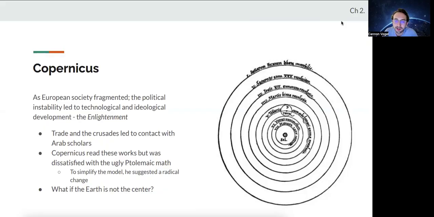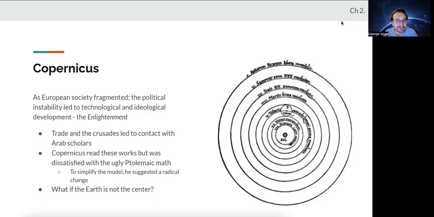And one of the first people to really make a new breakthrough as part of this was Copernicus. So Copernicus was working in the late 1400s, early 1500s, and for no other real reason than he just liked that it was much simpler, he proposed that the sun was at the center of the solar system.